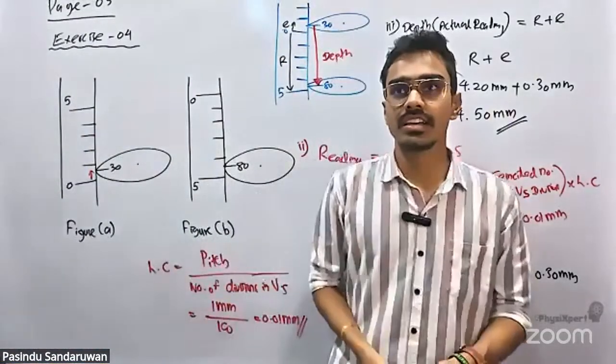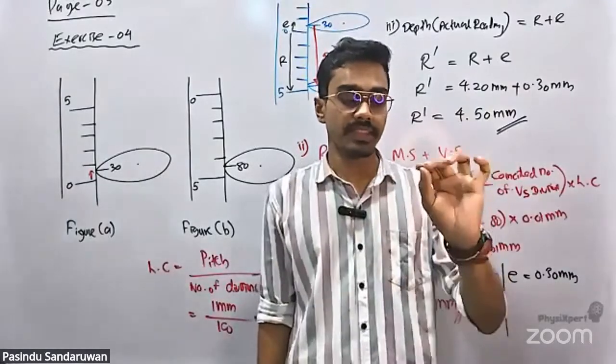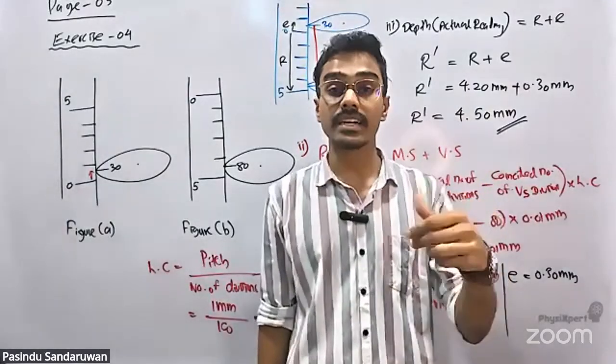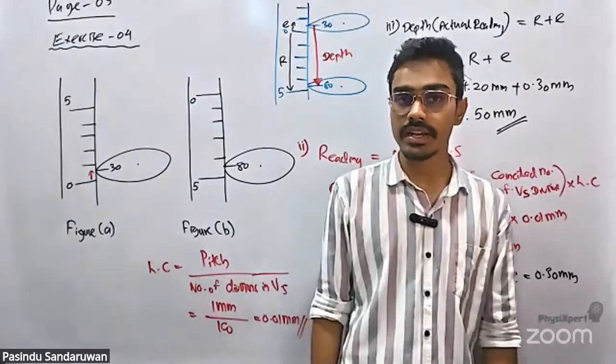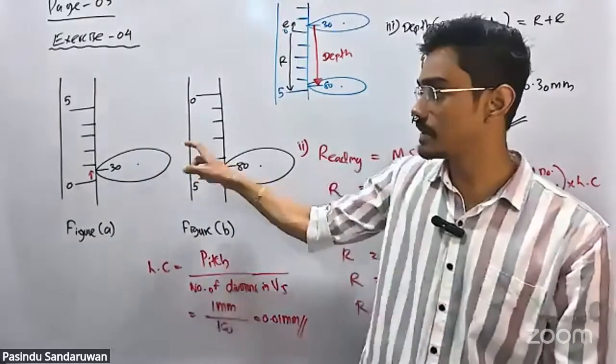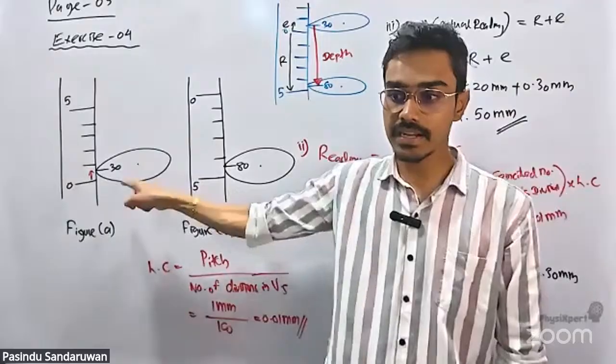Likewise, in the spherometer, the error changes with respect to the reading. When you measure a depth, this acts as a negative error.